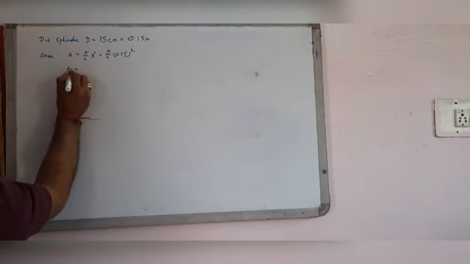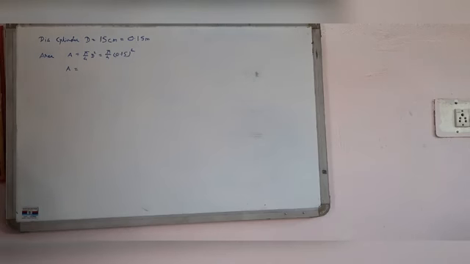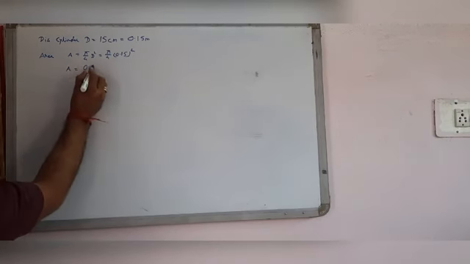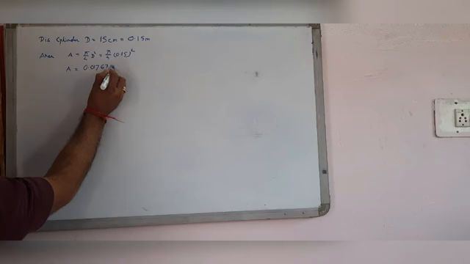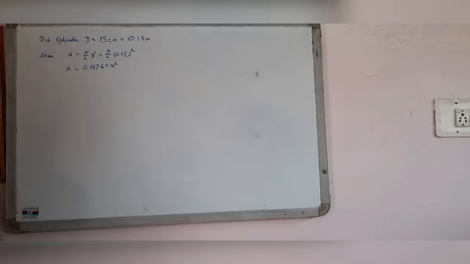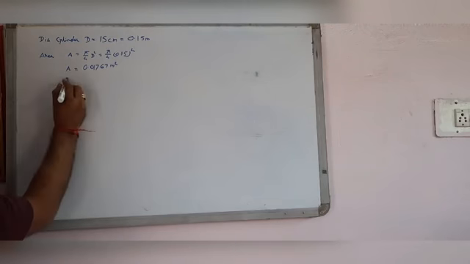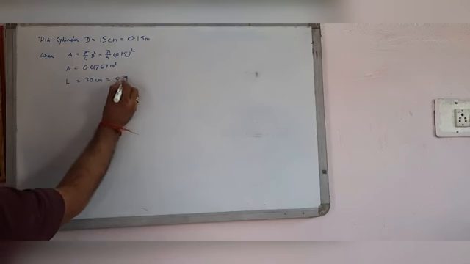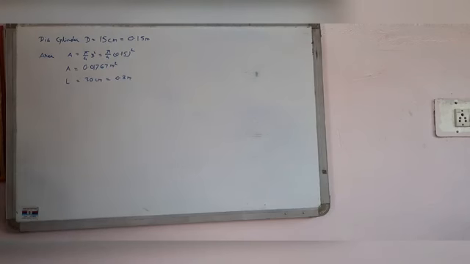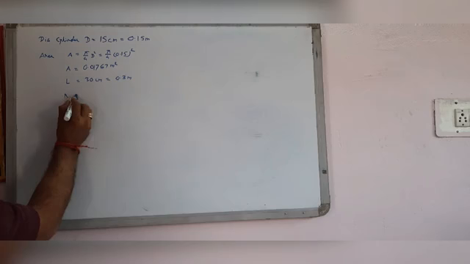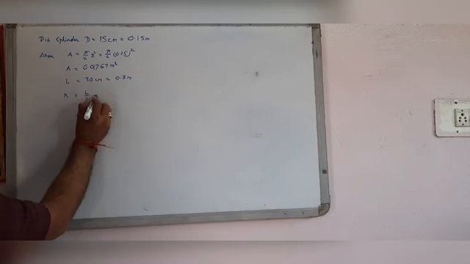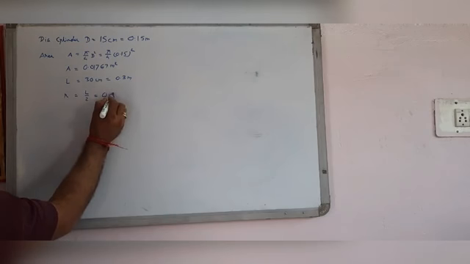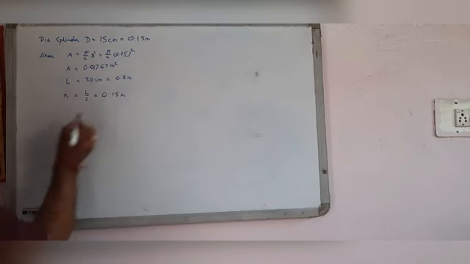So this area comes 0.01767 meter square. Stroke length is given 30 centimeter, 0.3 meter. So crank radius is L by 2 equal to 0.15 meter.